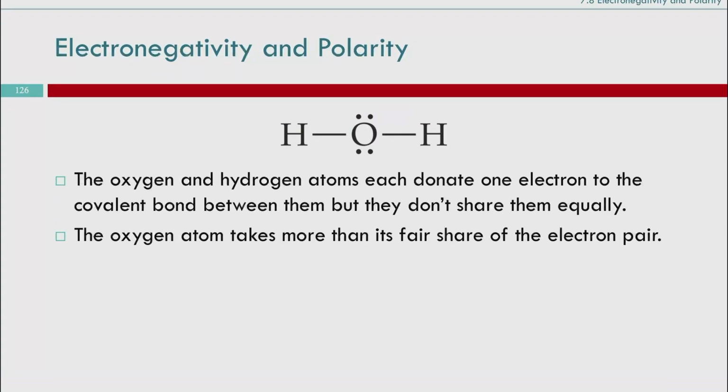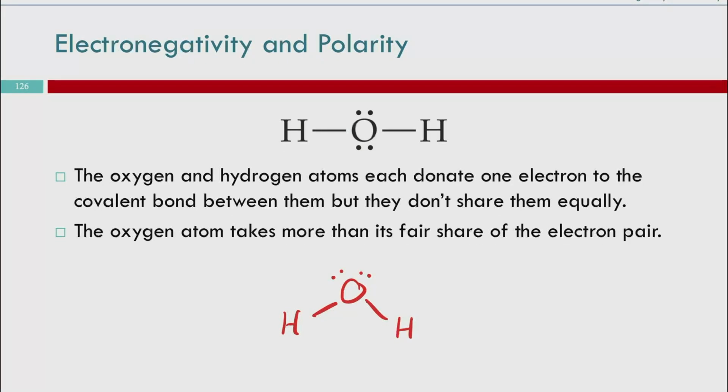If we look at a water molecule, like the H2O that's pictured here, we could represent this with its actual geometry, the bent shape. In a water molecule, our oxygen and hydrogen atoms have both donated one of their valence electrons to form that bond. So they've each put in equally, but they are not sharing equally.